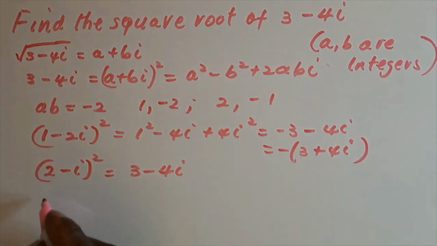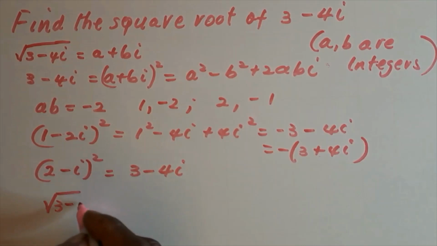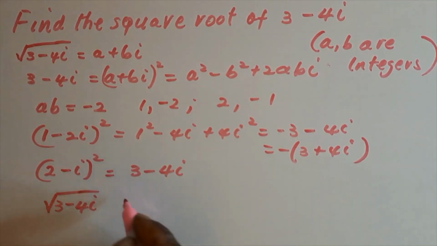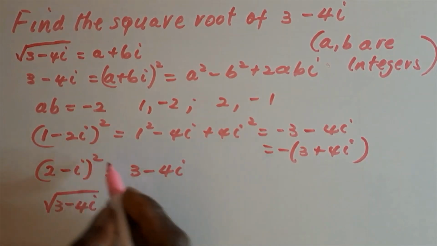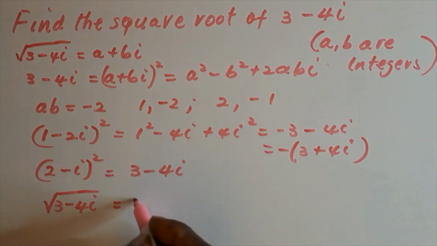So one of the square roots of 3 minus 4i is 2 minus i.